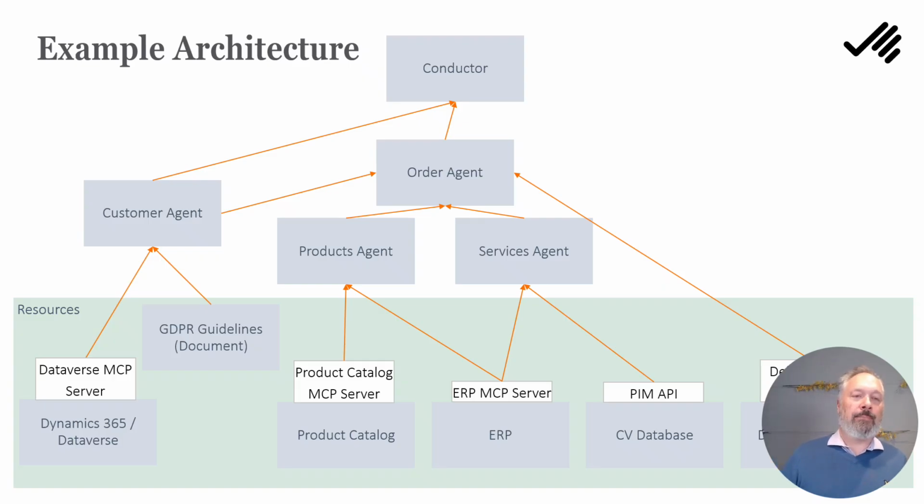But then, if you have another agent that's maybe customer facing, maybe it will also use the customer agent to generate part of that in its response. Or maybe it will also use a services agent, but it never uses a products agent, for instance, because it might not be allowed to place orders, but you can ask questions about products and services that are available. So it just uses the products and services agents, but not the order agent, to be able to handle that.